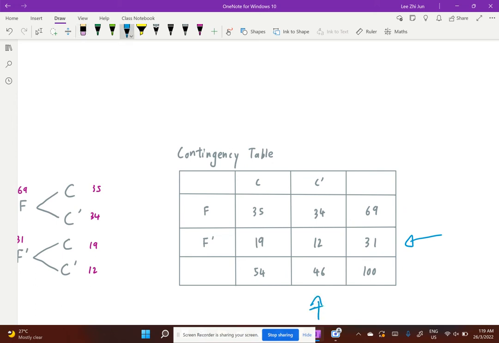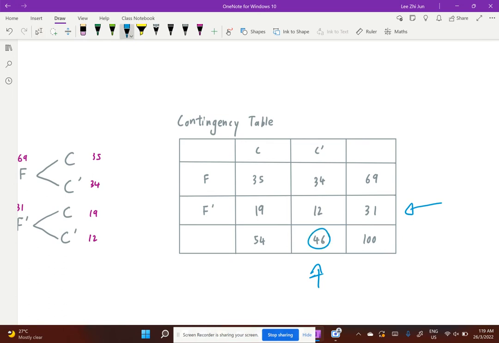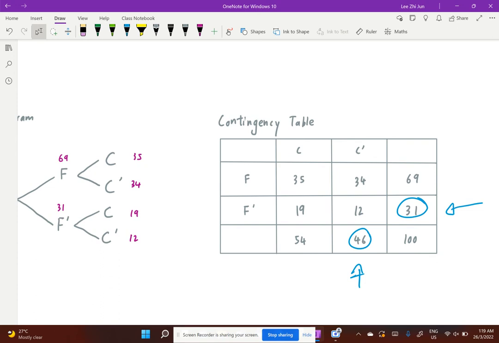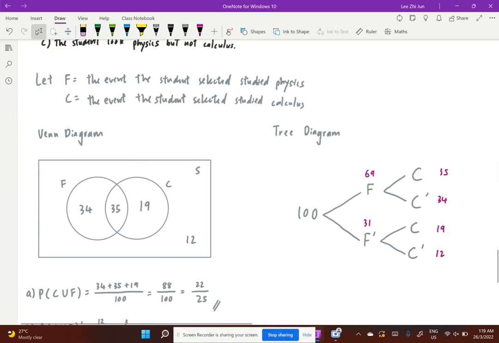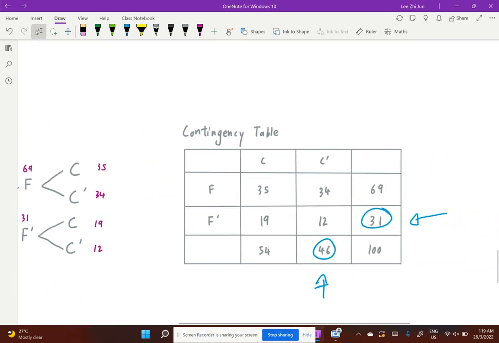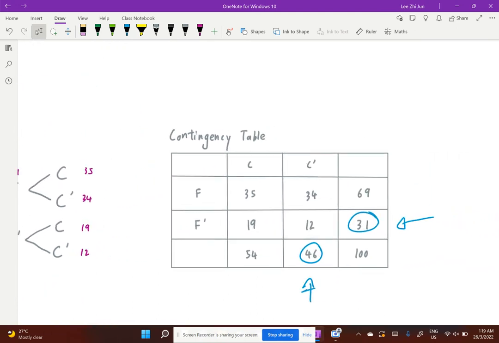These two data are not included in the Venn diagram and the tree diagram, so they are not as detailed compared to the contingency table. So for me, I like the contingency table the most.